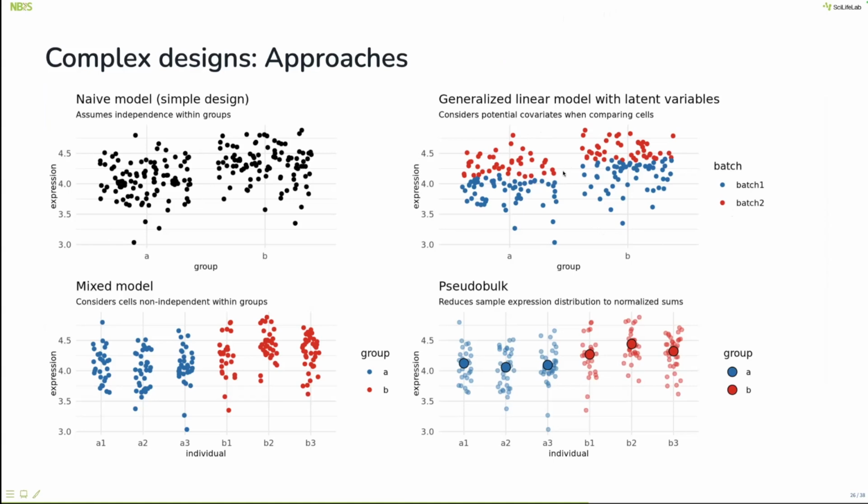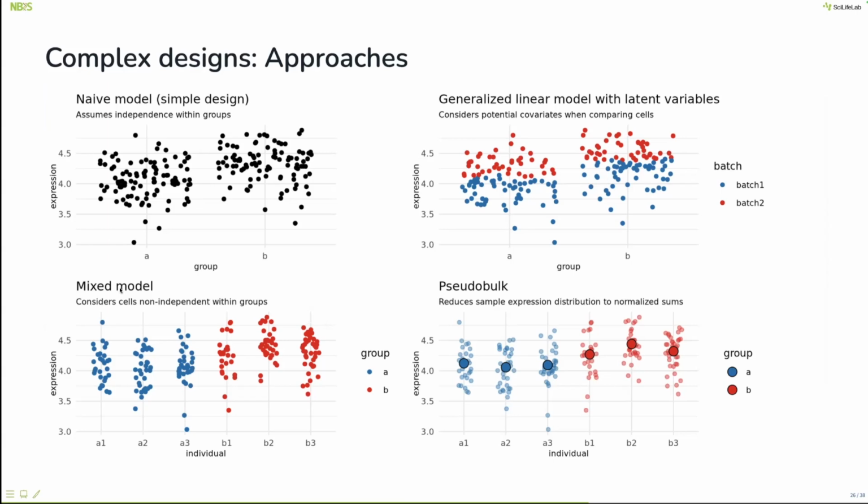Sometimes this will cause the differences to disappear. Sometimes it'll cause the differences to come out even clearer. For example, here, even though the differences in means are the same between the batches, the variance is reduced when you look at each batch individually. So that will likely increase the statistical significance.